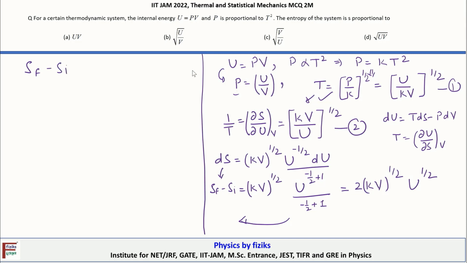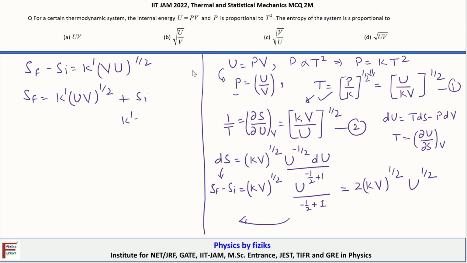So we can rewrite this equation as S final minus S initial is equal to 2K power 1 by 2, which I'm writing as K dash, and then V power 1 by 2 into U power 1 by 2. So S final is equal to K dash times V U power 1 by 2 plus S initial.